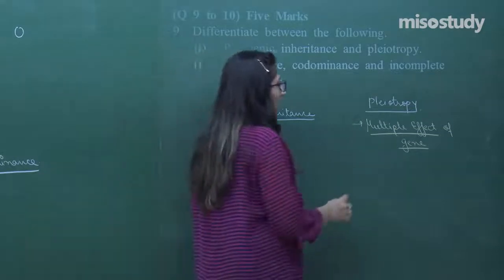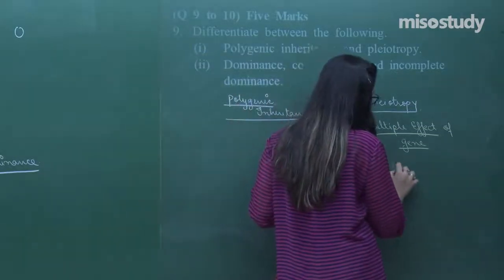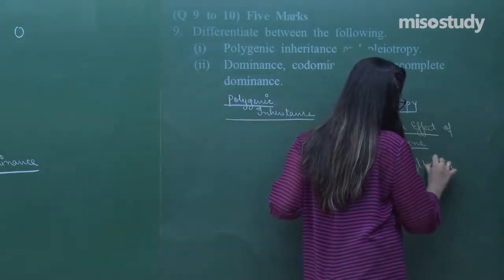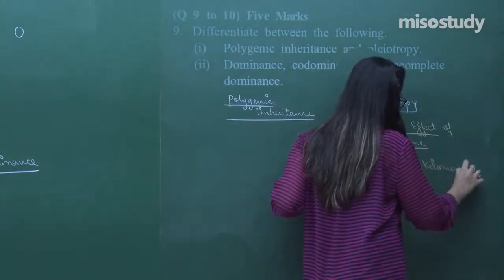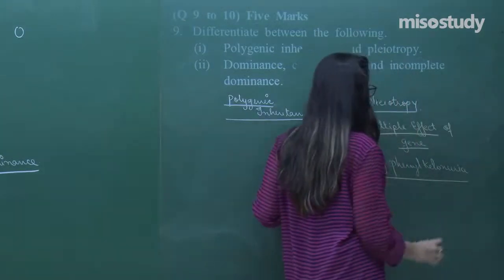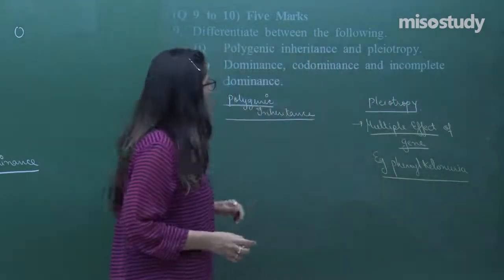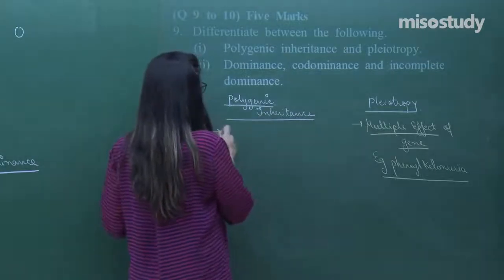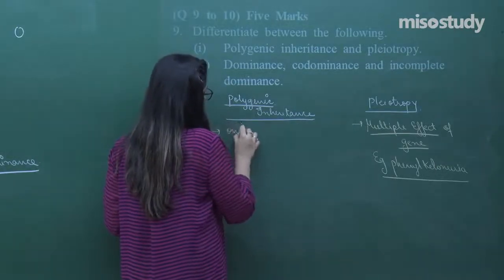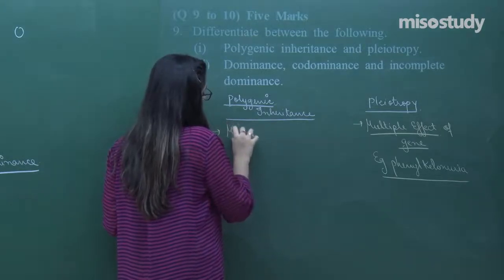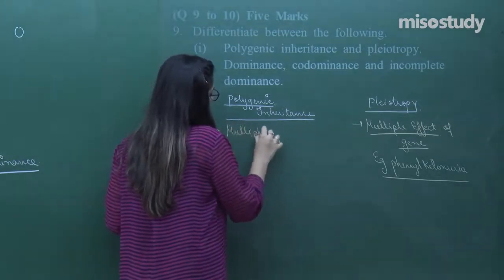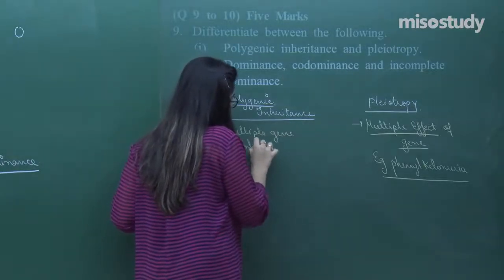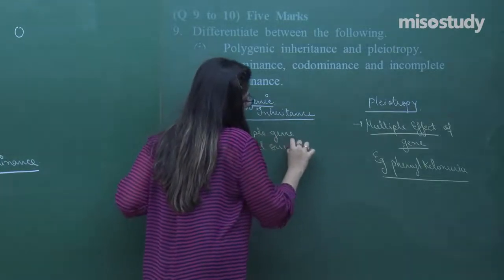In this, we have an example of phenylketonuria. That is a multiple effect of a gene. Whereas polygenic inheritance is that inheritance where multiple genes control one character.